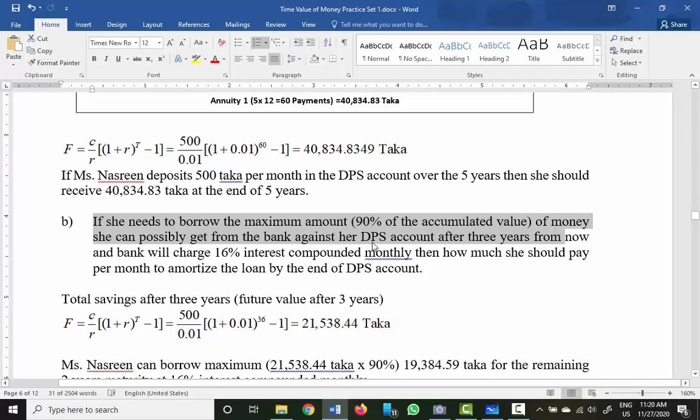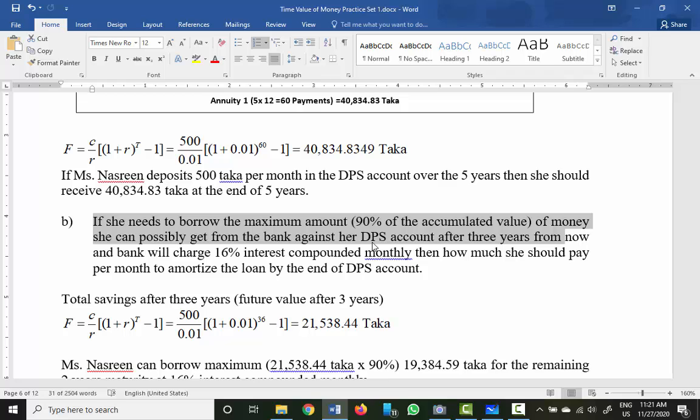So she can do two things. She can break the DPS account and get the savings. But remember, the condition of a DPS account is that if she breaks the DPS account, she won't get any interest amount. She will only get the amount she has saved. That means if she breaks the DPS account before maturity, she won't get any interest.